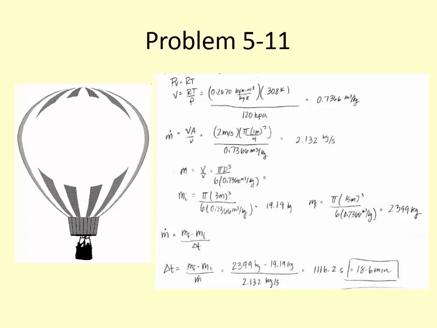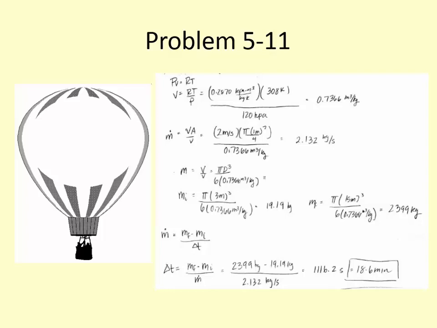We ultimately want to know how long it takes to fill the balloon. So we know how much mass can go in with time. What is the other piece of the puzzle that we don't have yet? Yeah, the initial and the final mass. So we can calculate that. We know the volume, and we know that mass is equal to total volume divided by specific volume.